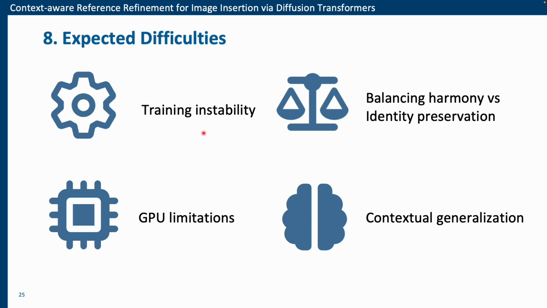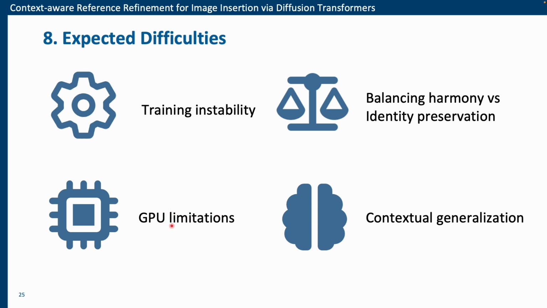And when we did this project, we also had several challenges in the work. First, training stability is a challenge due to the complexity of diffusion-based generation and feature harmonization. And second, balancing contextual harmony and identity preservation can be difficult, since improving scene compatibility may sometimes weaken the original appearance of the reference object.